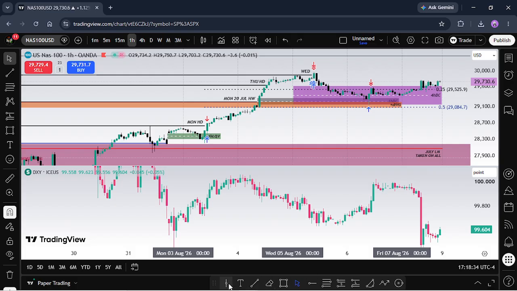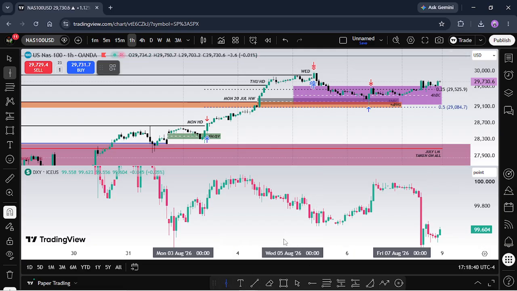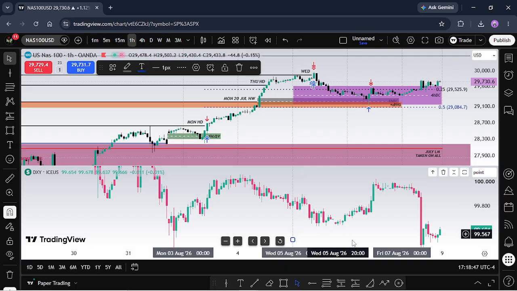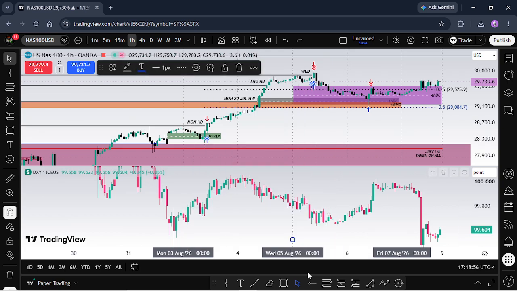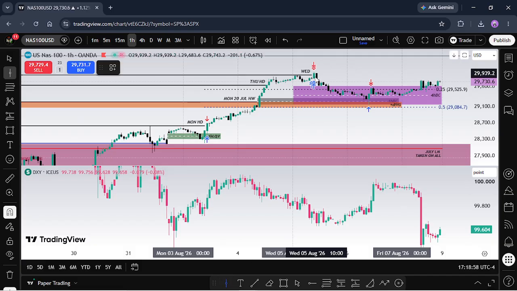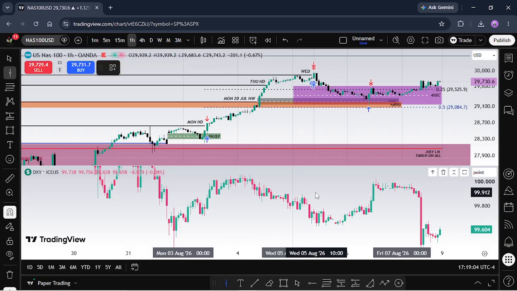Let me mark this level right here. Remove the time label, and then let's mark that. Then let's mark that.